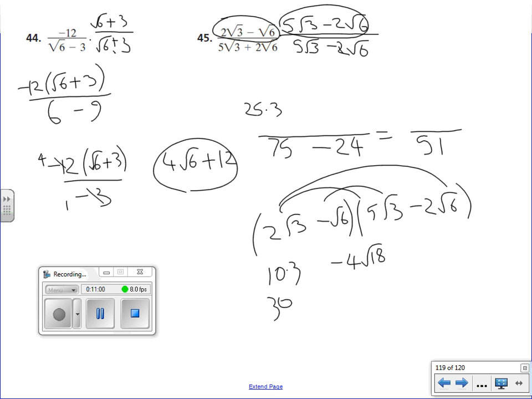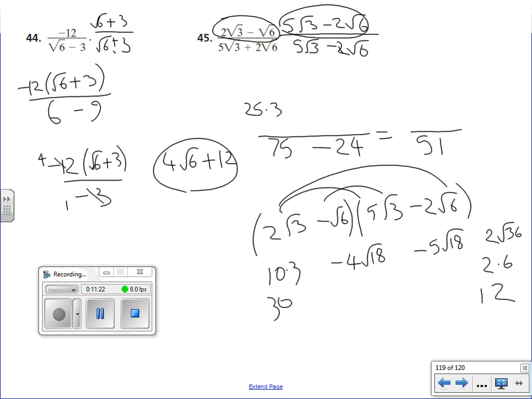Inners, negative root 6 times 5 root 3 is negative 5 root 18. And last is negative root 6 times negative 2 root 6. That's going to give us positive 2 root 36, which is 2 times 6, which is 12.